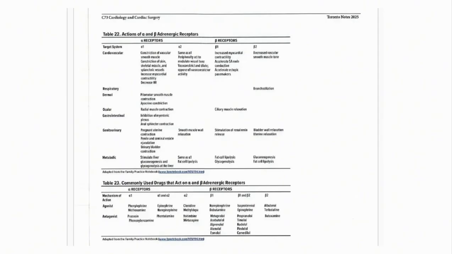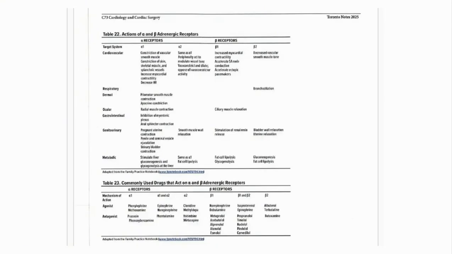Alpha 1 receptors. The easiest way to remember alpha 1 receptors is that they generally cause smooth muscle contraction. Cardiovascular system. Activation of alpha 1 receptors causes vasoconstriction of vascular smooth muscles. This constricts skin vessels, skeletal muscle vessels, and splanchnic circulation.